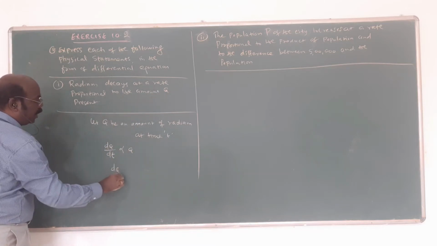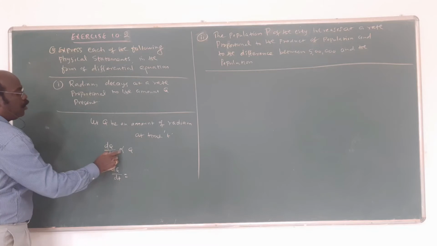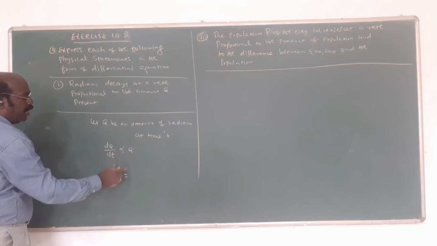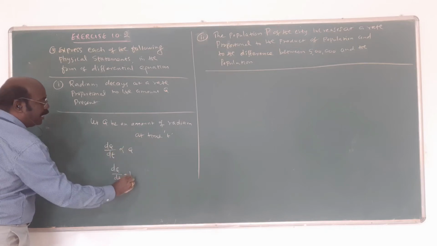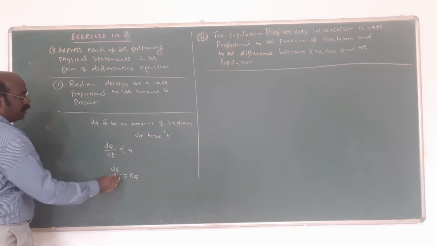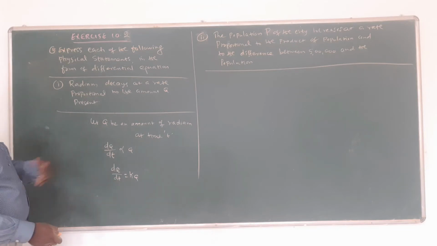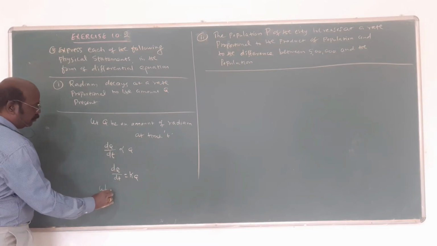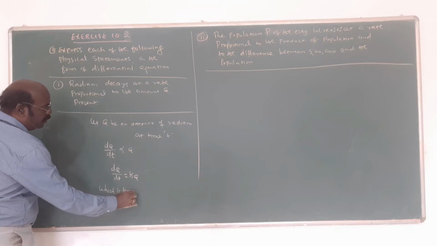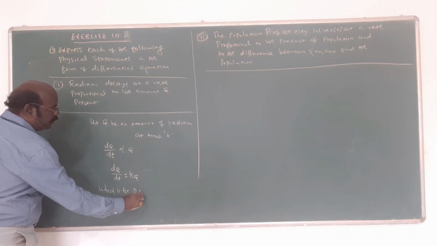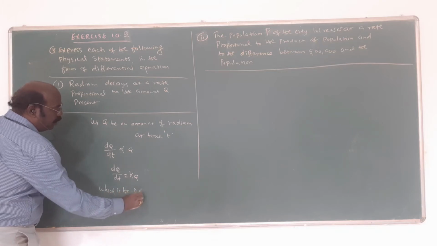So dQ by dt is proportional to Q, and for proportion you put some constant k, so dQ by dt equals k into Q. This is called the differential equation.